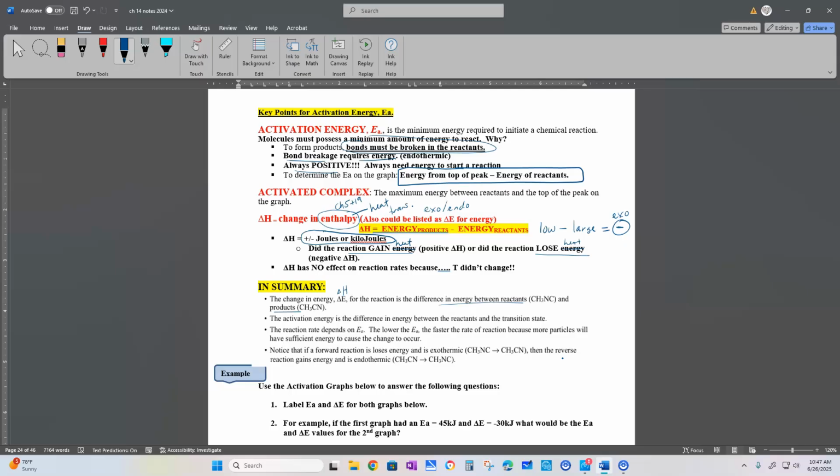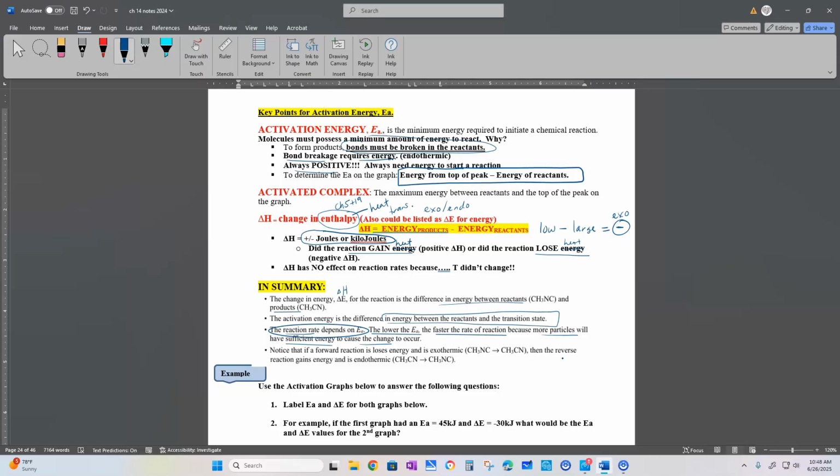The activation energy is the difference in energy between the reactants and the transition state. Our EA, the rate depends. This is big. Rate depends on EA. The lower the EA, the faster the reaction because now you have more particles with enough energy to make that change.